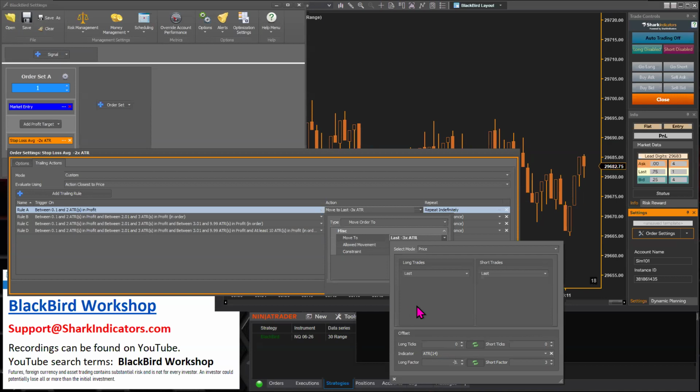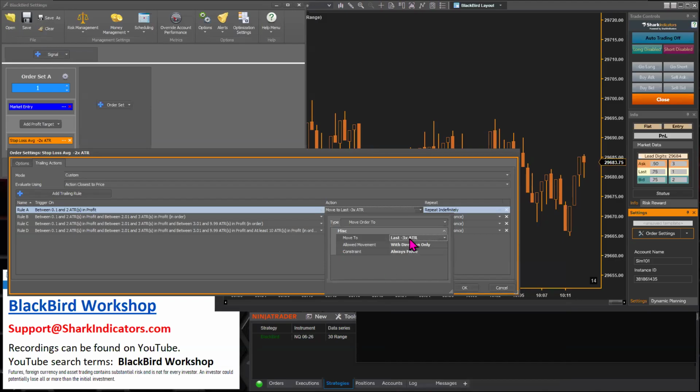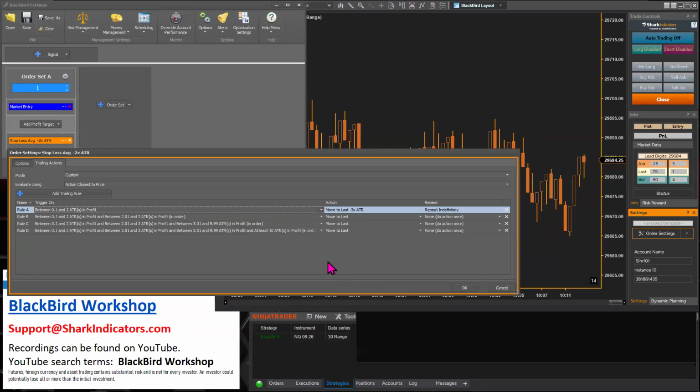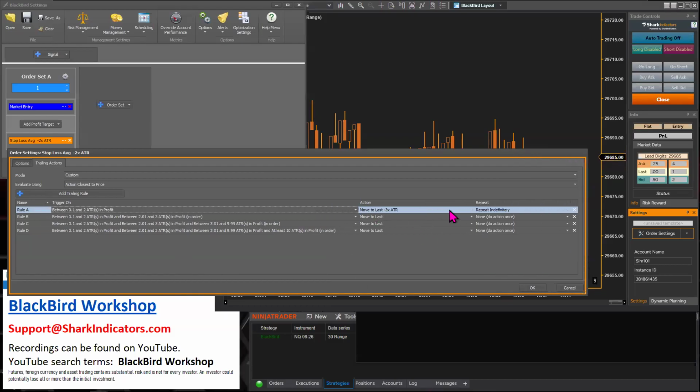Standard period for most indicators. So just be mindful of that. 14 obviously will keep your trailing more in line with recent trading volatility, whereas in the profit or loss, 50 will smooth you out even more. So, all right. Anyways, so here we have it.